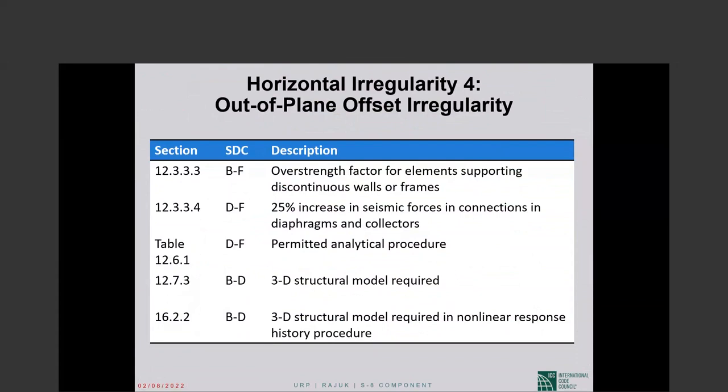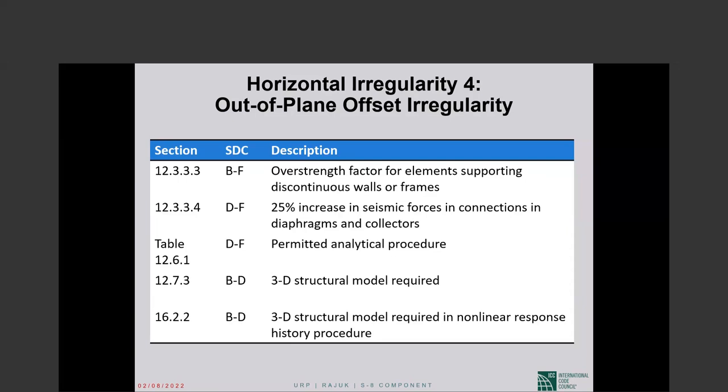Elements supporting the discontinuous walls or frames have to be designed using load combinations with the overstrength factor. That is a very, very important requirement. Overstrength factor for elements supporting discontinuous walls or frames, section 12.3.3.3 applies.